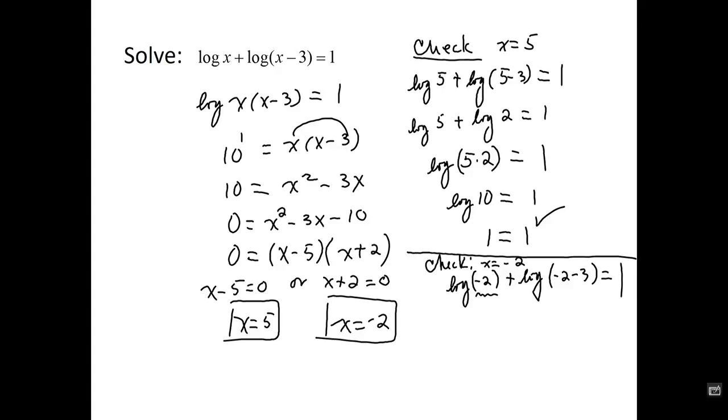So we can conclude that negative 2 is not a solution. So the solution set is just a set containing 5.